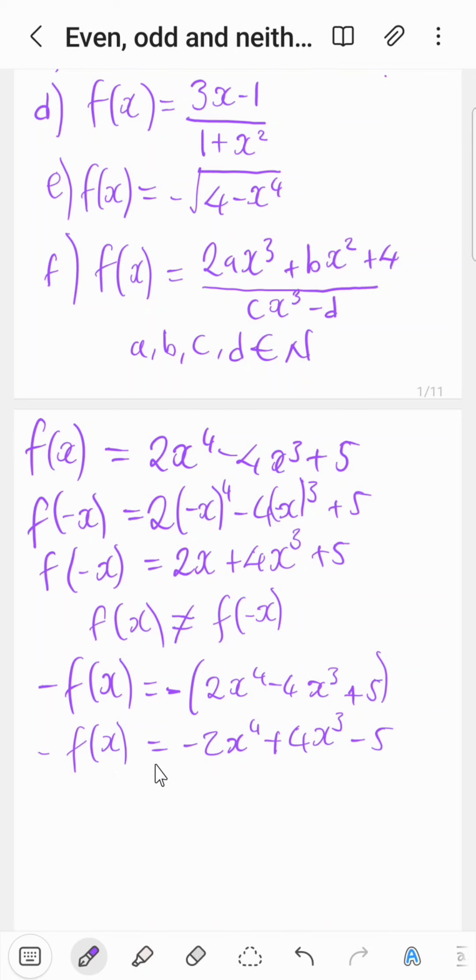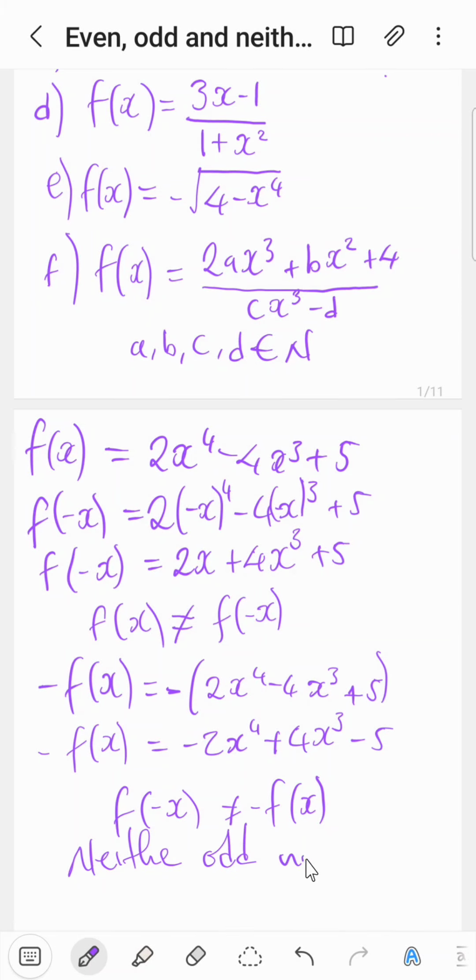We find that this negative f of x is also not equal to f of negative x. So these two are not equal, meaning the function is neither odd nor even.